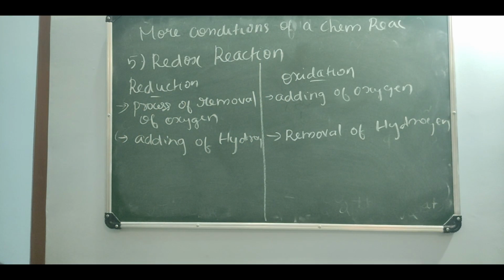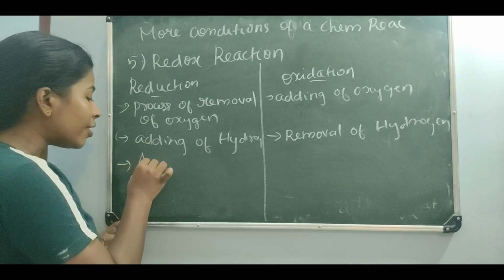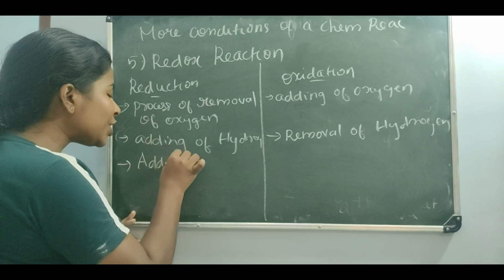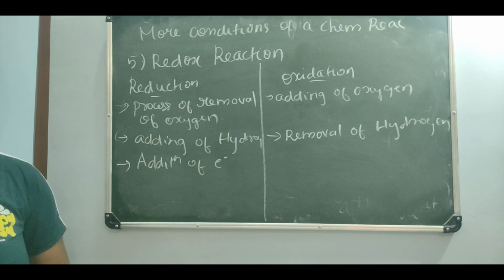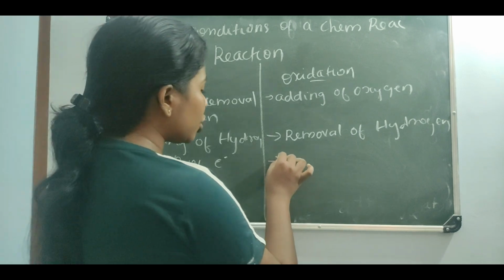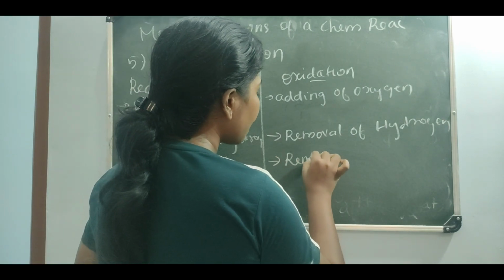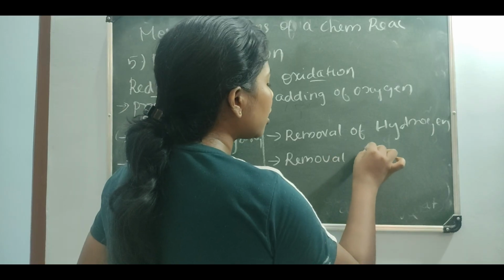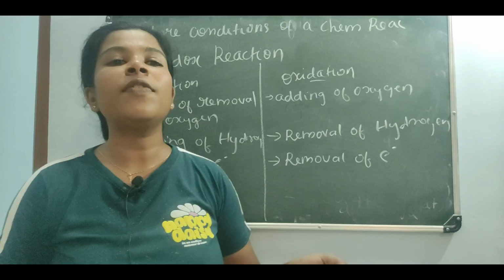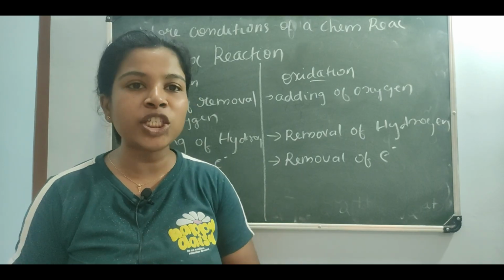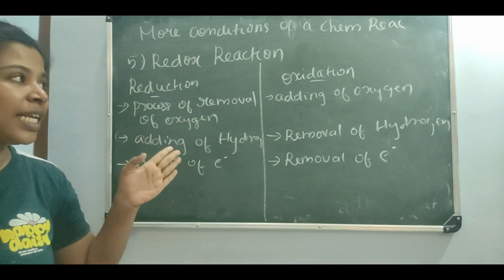Now, third way. Reduction is addition of electron, and oxidation is removal of electron. So, if you are getting a question to find out whether reduction is happening or oxidation is happening, you have to check for these.